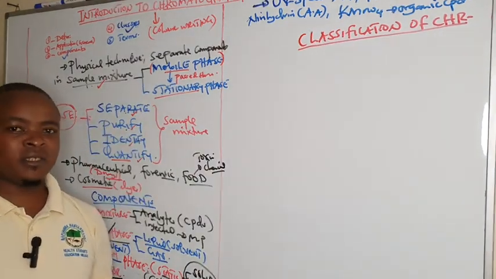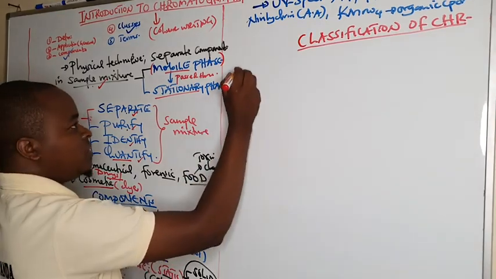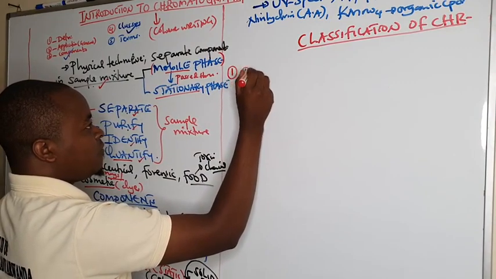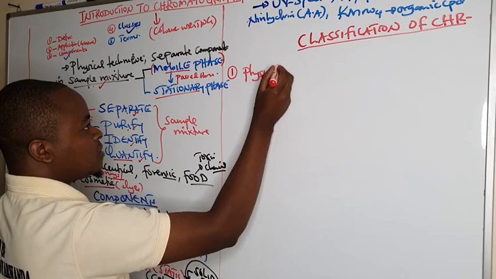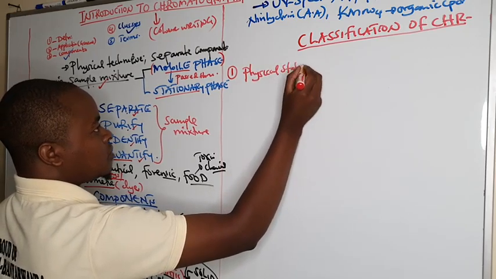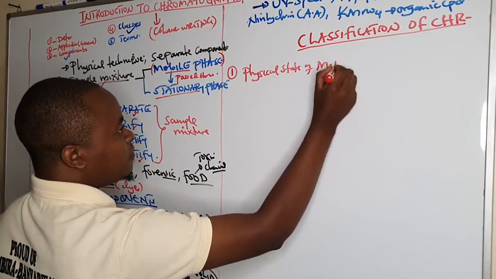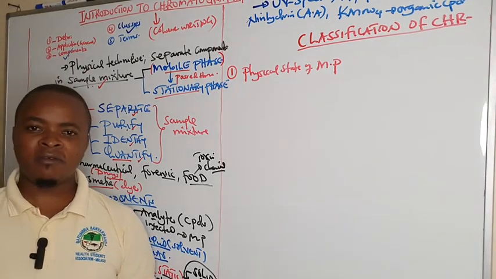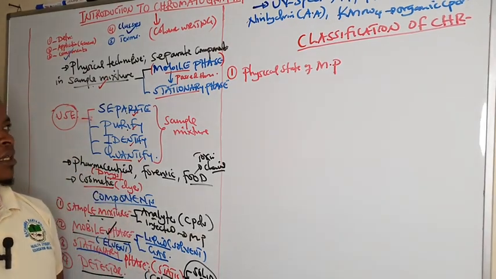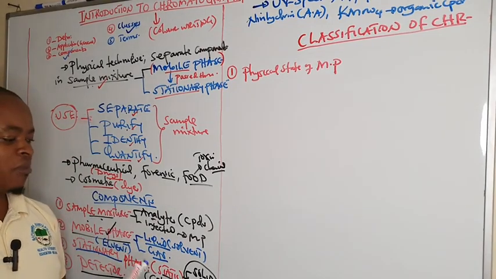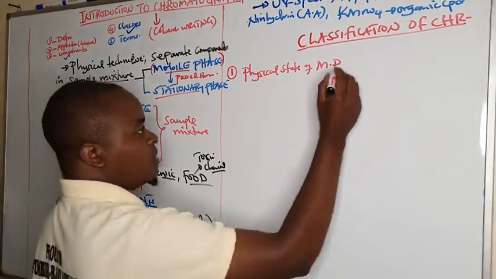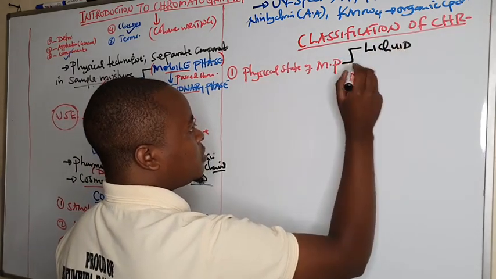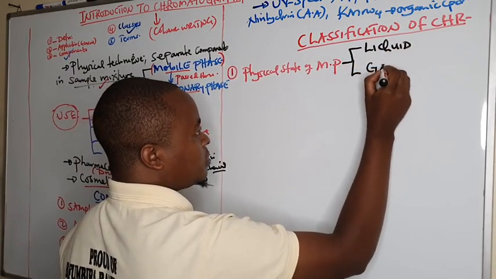We are classifying them in 3 ways, whereby number 1 is on the basis of the physical nature or physical state of the mobile phase. The physical state of the mobile phase can either be a liquid or it can be gas.